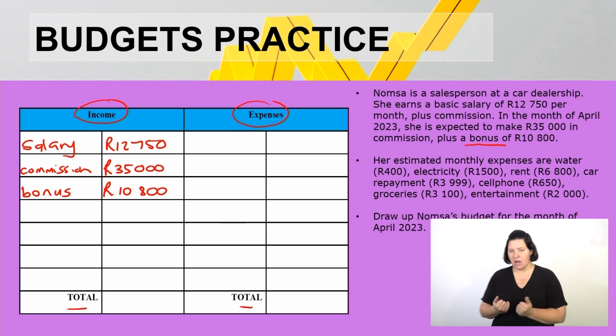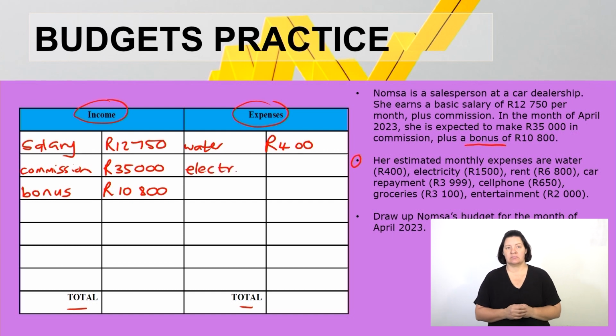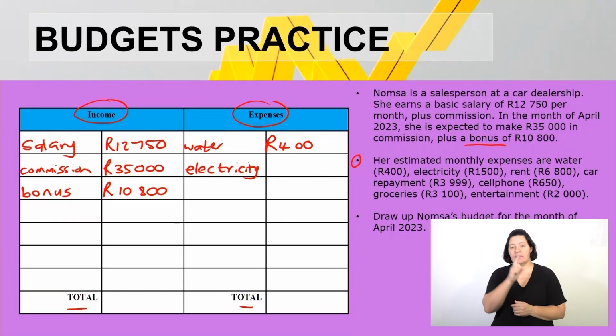Now I'm going to list all my expenses before I total them. It says here, bullet number 2, estimated monthly expenses are water and electricity. So if we split the two, first it's water, that will be 400 Rand. Then we have electricity, which is also an expense, a variable one, that will be 1,500.